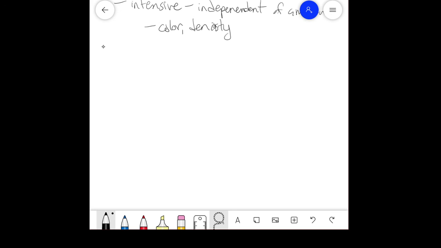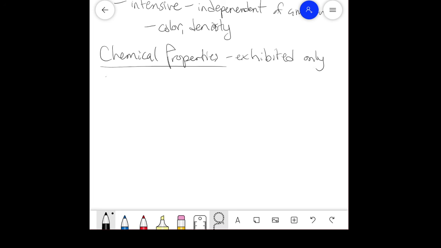Okay, and then you have chemical properties. Chemical properties are exhibited only when matter undergoes a change.